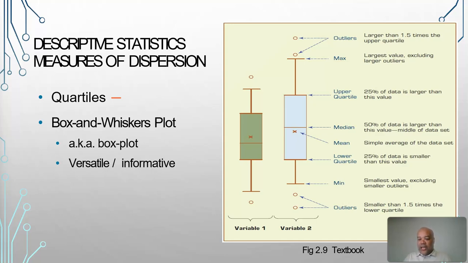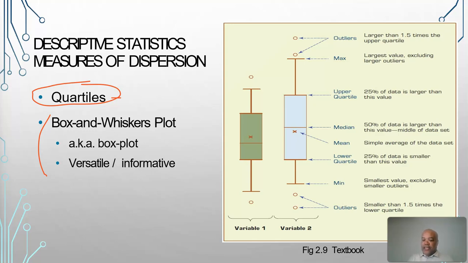Each quartile represents 25% of the data. That moves us to a box and whisker plot, or a box plot. A box plot visually represents this spread. The box and whisker plot is a versatile and informative tool for understanding data distribution.